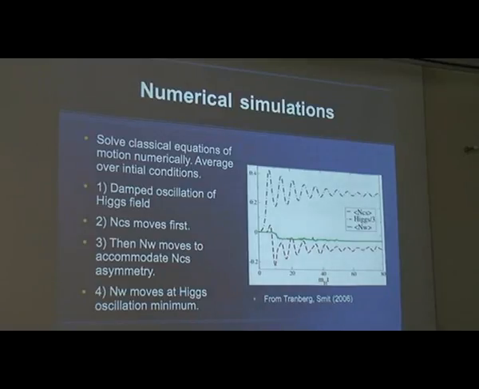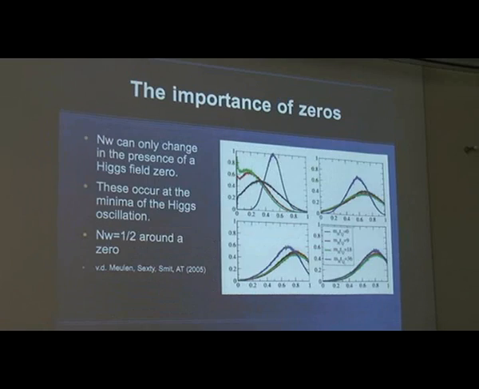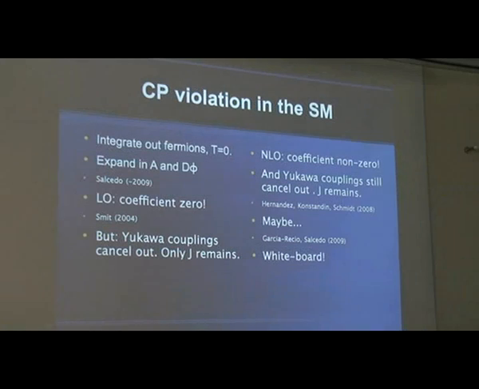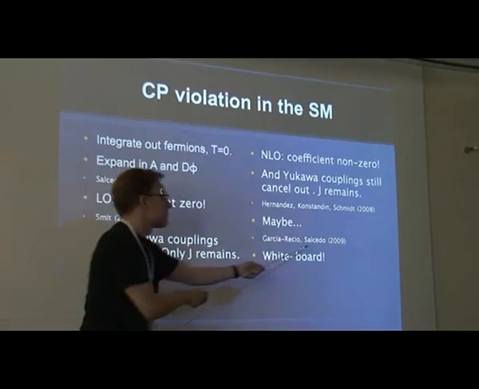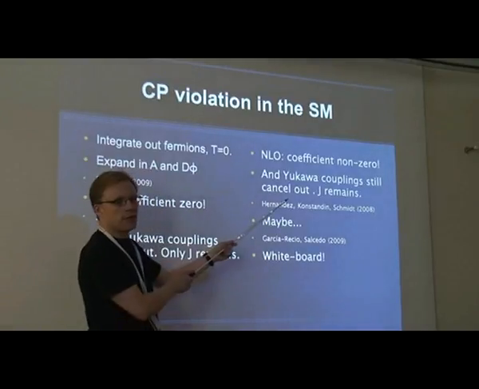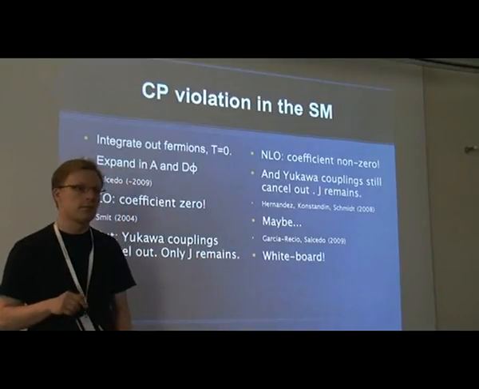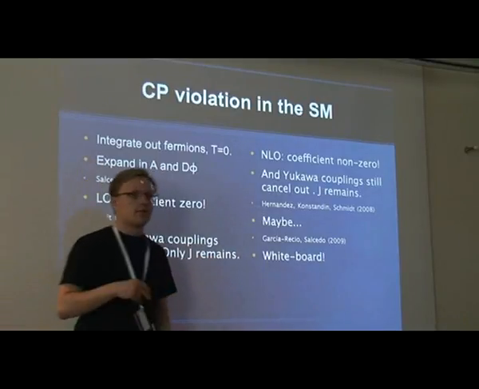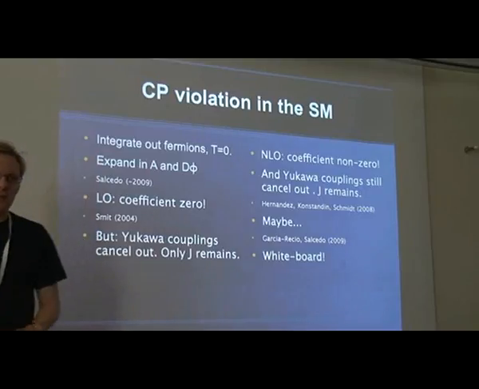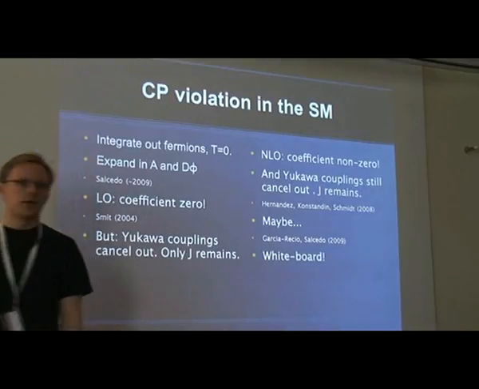So that's something that I forgot to say. The one that came up with a calculational way of doing this is this guy Salcedo. After these guys had calculated it using their method, which is similar but not the same, he wrote a paper where he uses his method, and he says that that term is 0.